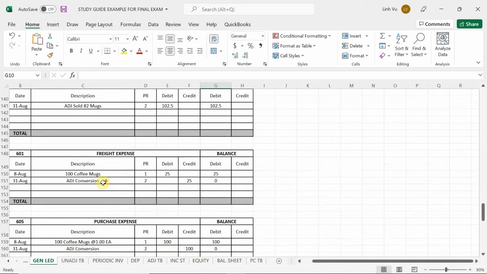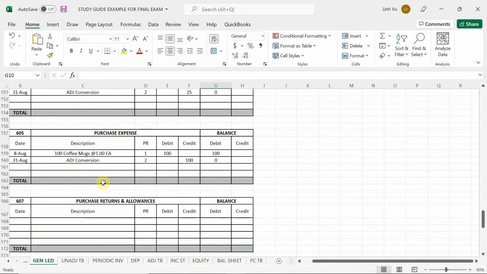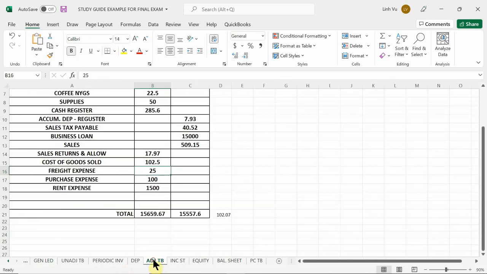Then we have freight expense for 0, purchase expense for 0, and purchase return allowance again is 0. So we need to adjust those accounts. So freight expense is 0, purchase expense is 0, no purchase returns and allowances.